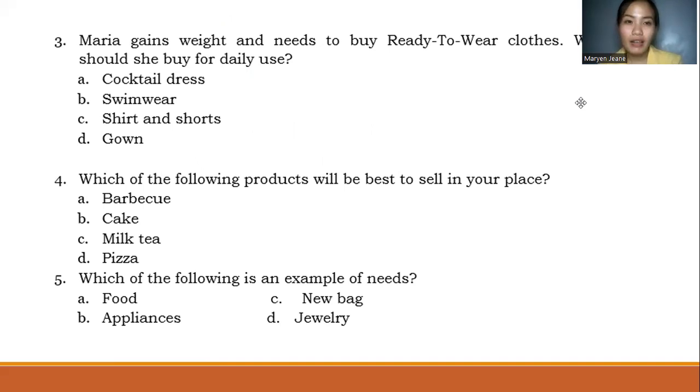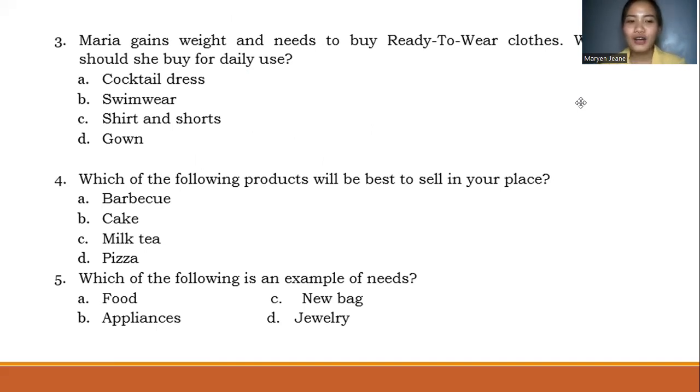What apparel should she buy for daily use? A, cocktail dress. B, swimwear. C, shirt and shorts. D, gown. Number 4, which of the following products will be best to sell in your place? A, barbecue. B, cake. C, milk tea. D, pizza.